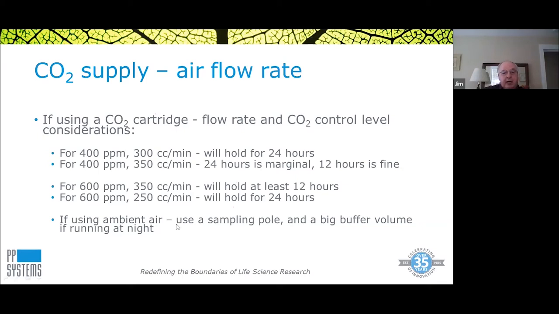If you're using ambient air in the field, you probably should be using a sampling pole, which PP Systems provides as an option.